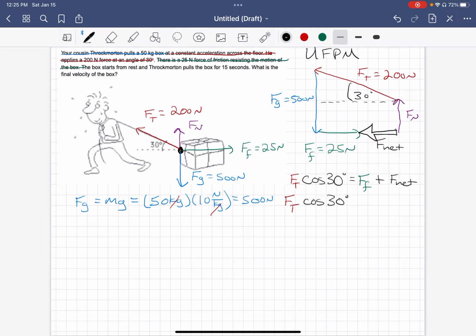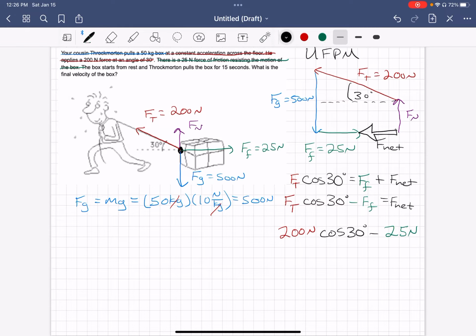I'm going to move that friction to the other side by subtracting it, to get that the tension force times the cosine of 30 minus that friction force equals the net force. Then I'm going to plug in numbers, making sure to keep units attached to all of these numbers. So I've got 200 newtons times the cosine of 30 degrees minus 25 newtons.